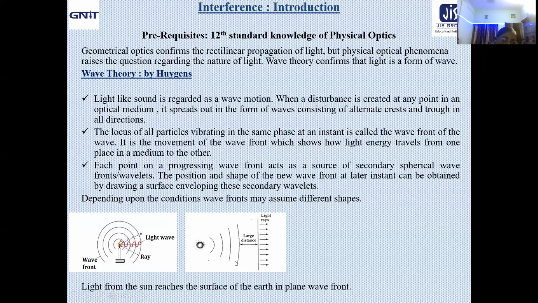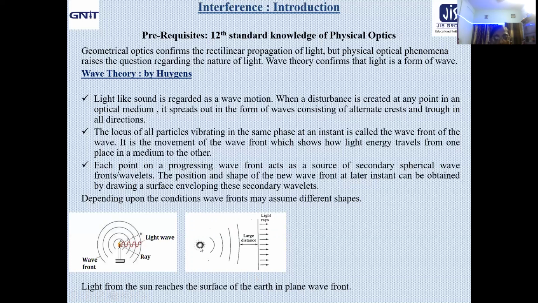And at a very large distance from this point source, you will find the curvature is almost zero, because at a very large distance the radius of curvature will be infinitely large. So the curvature will be negligibly small and the corresponding wavefront will almost appear as a plane wavefront.